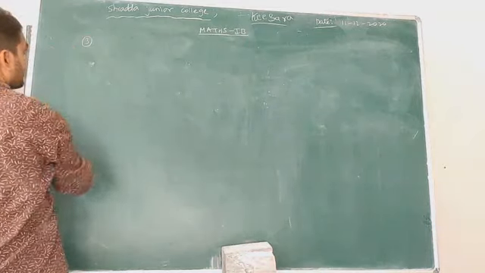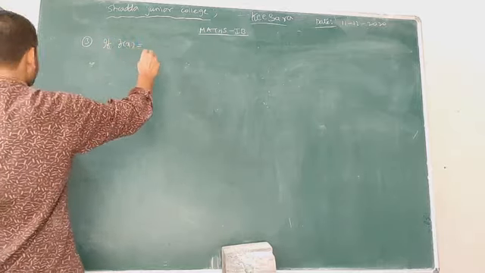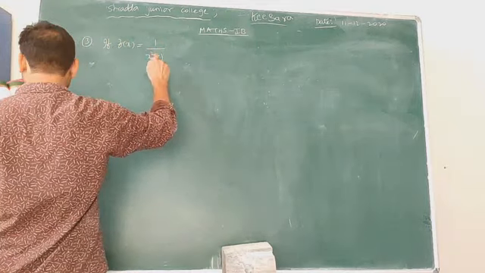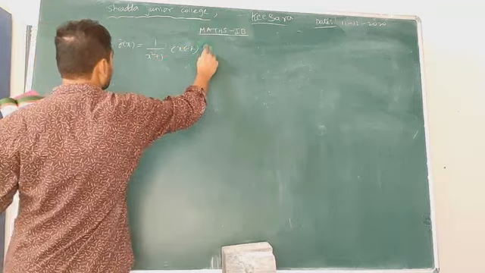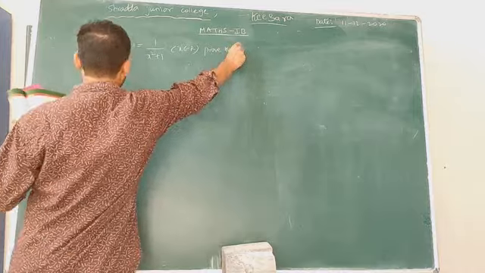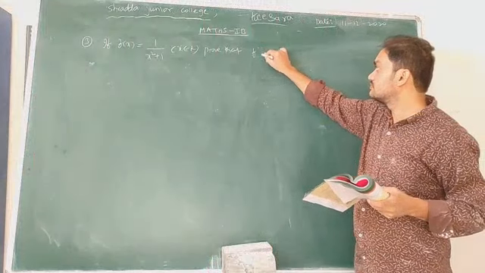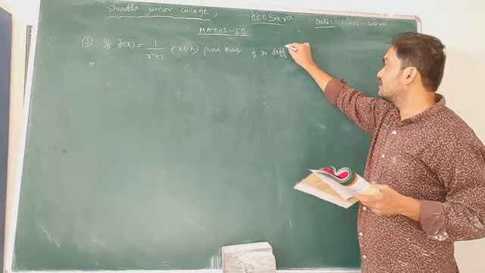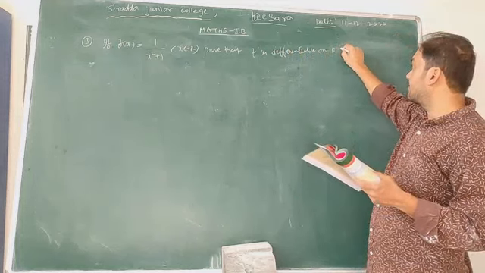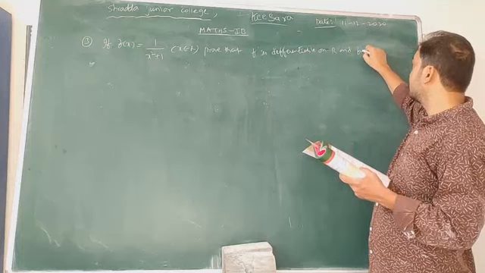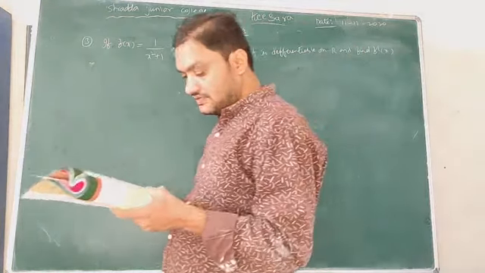See the next problem, number 3 here. If f of x equals 1 by x square plus 1, x belongs to capital R, prove that f is differentiable on capital R and find f dash of x.